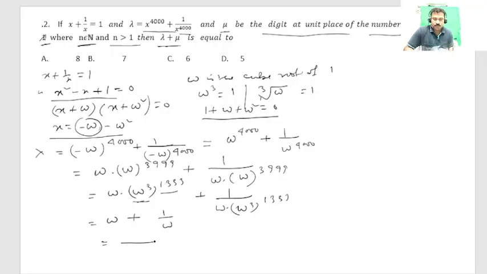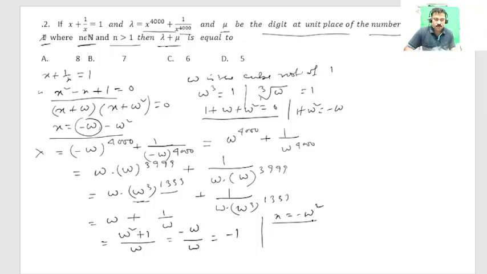If we calculate this, omega square plus 1, from this we know that 1 + omega + omega square equals 0, so 1 + omega square equals minus omega. So minus omega divided by omega, that is minus 1. If we put x equals minus omega square, we also get lambda equals minus 1.